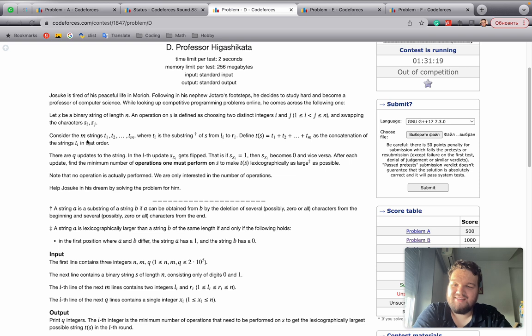Okay. Consider m strings where each is a substring. Again, array and segments. And we concatenate all of them. All right.